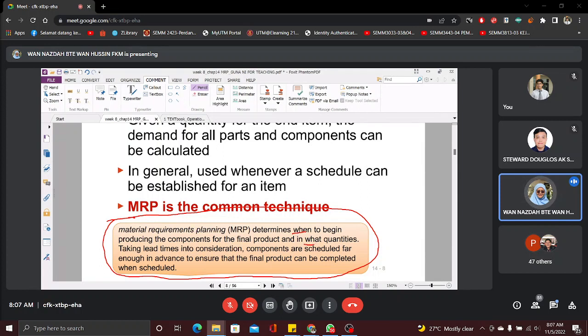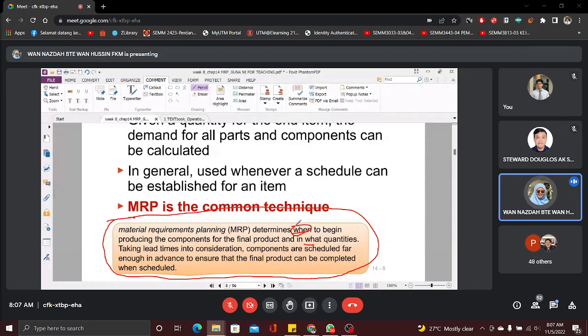So these are very important keywords: when and what. Write this whole thing down, because as we go along this whole chapter, I want you to make sure you are able to identify the meaning.